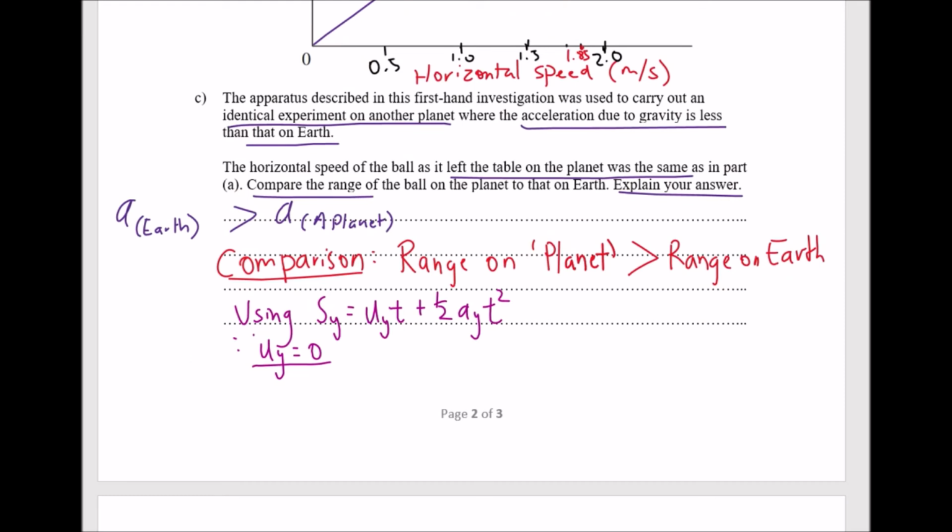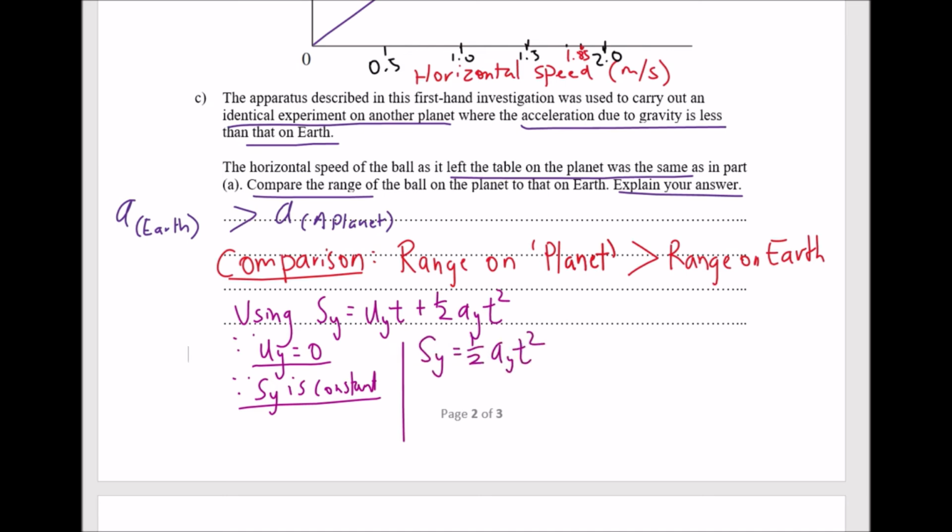And we also know that sy is constant, so they're falling from the same height because it is an identical experiment. We can rearrange the equation so it becomes sy equals half ayt squared.